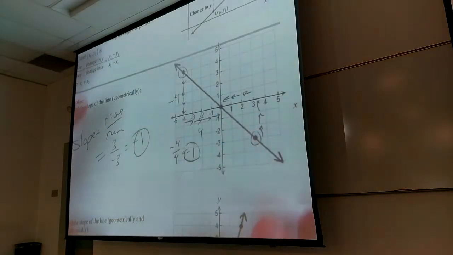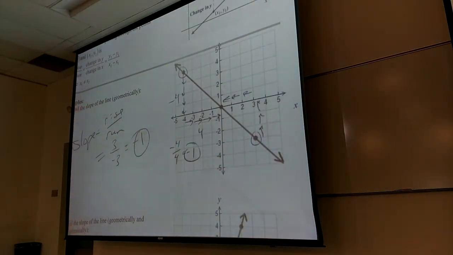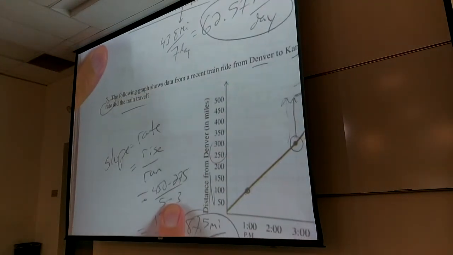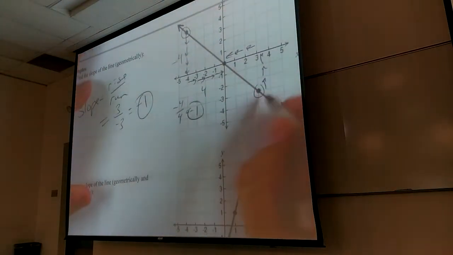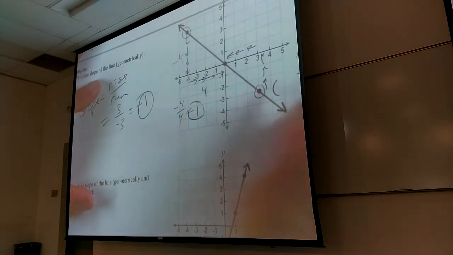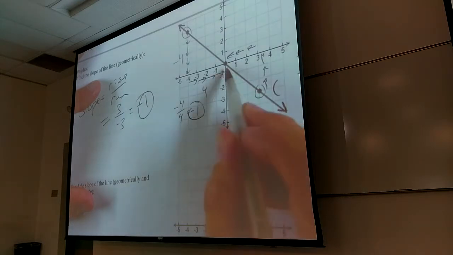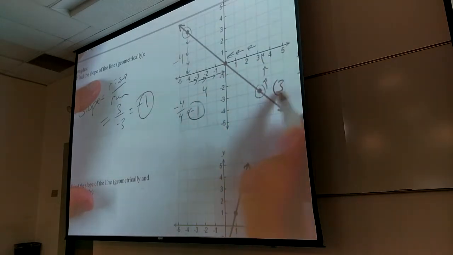Now watch. I'm not always going to have the graph, and I don't want you guys to always have to graph the points. You should be able to get it algebraically. And I sort of got you there with what I was doing here. So right here, what's the coordinates of this point? 3, -3.